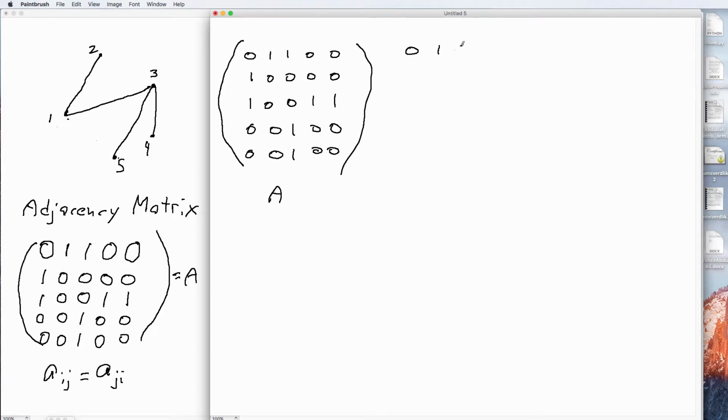And this is a square matrix, so I can do that. So let's go ahead and do that.